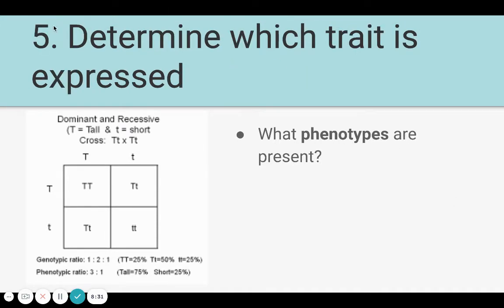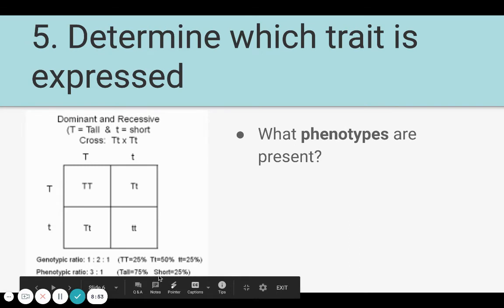And the last step is to determine which trait is expressed. The trait that is expressed, the physical feature you can see with your eye, is called the phenotype. So we want to determine what phenotypes are present. Again, down here, we're not going to worry about the phenotypic ratio.